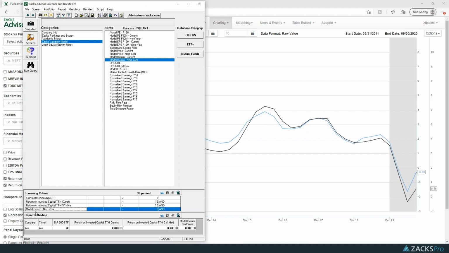So again, to clarify, this is an input that we use from our valuation model based on our forecast growth, as well as the discount rate, which is that 10-year treasury yield plus the equity risk premium. That's the premium that investors require to take on additional risk within equities.